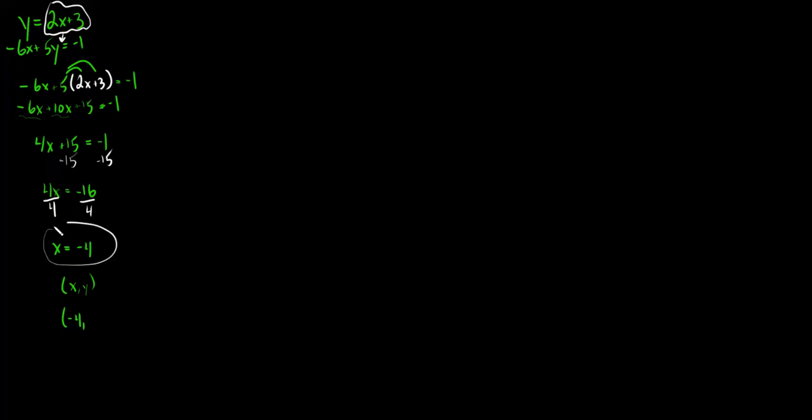I'm going to take x is equal to negative 4 and substitute it into the first equation and solve for y. So I'm going to get y is equal to 2 times x. Well, remember, x is not 0. Why did I say 0? X is negative 4.